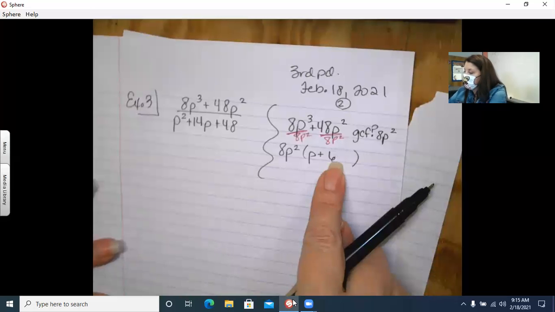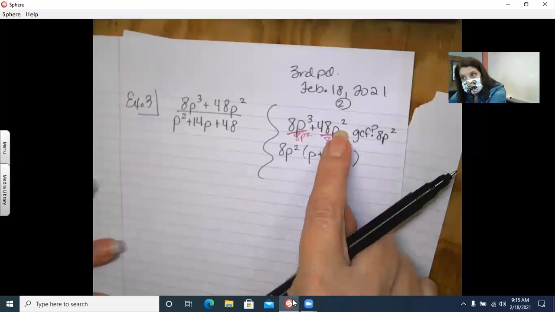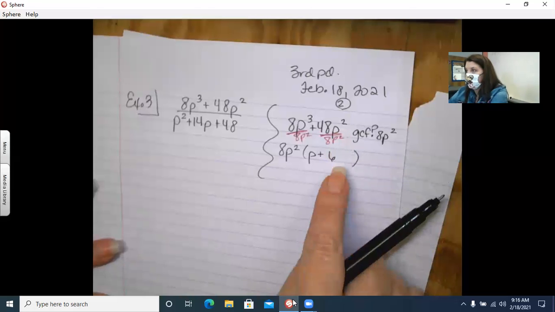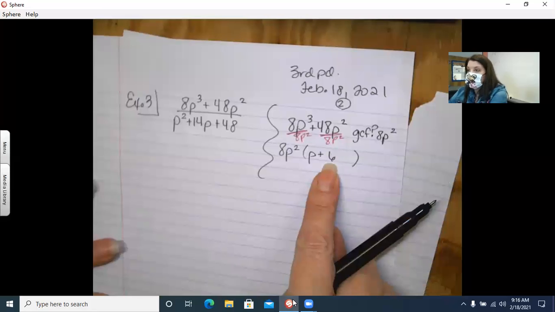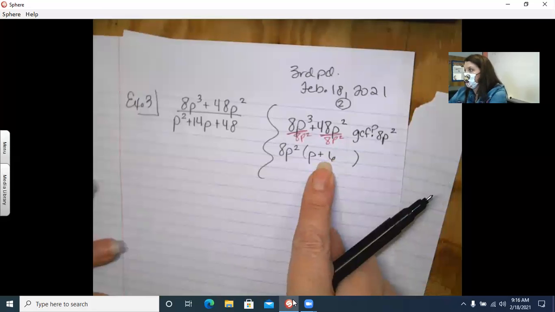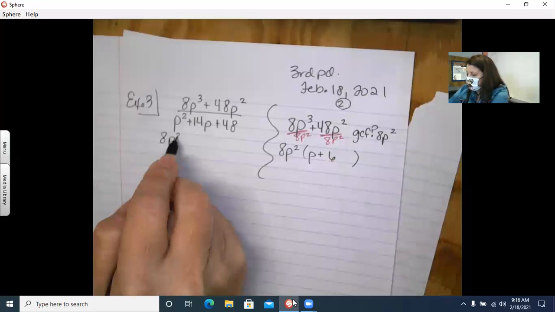A lot of y'all will just tell me it's a p. Well, if I had 2 p's and I took 2 p's out, there's no p's left for that term, right? Okay. Can I factor p plus 6 any further? It's linear. So if it's linear, the only thing that we could do to factor would be factor out a greatest common factor. If there's not one, it's factored, right? So my numerator is 8p squared times the quantity of p plus 6.